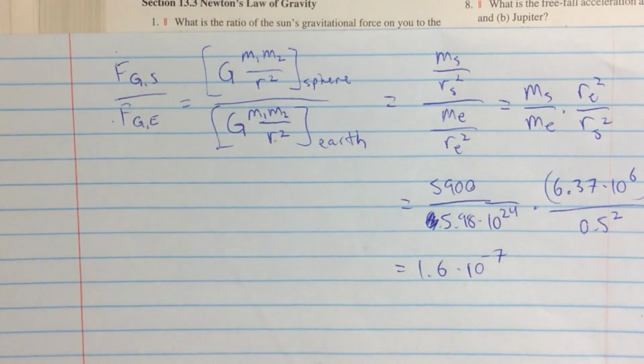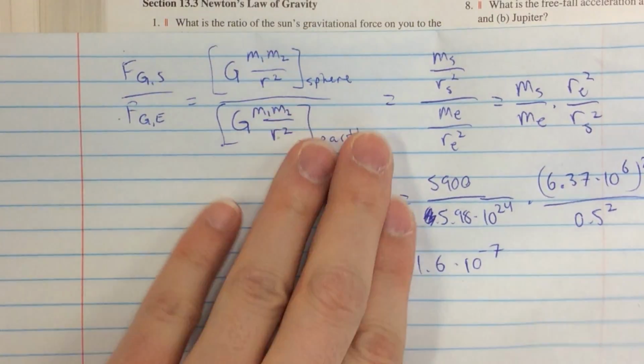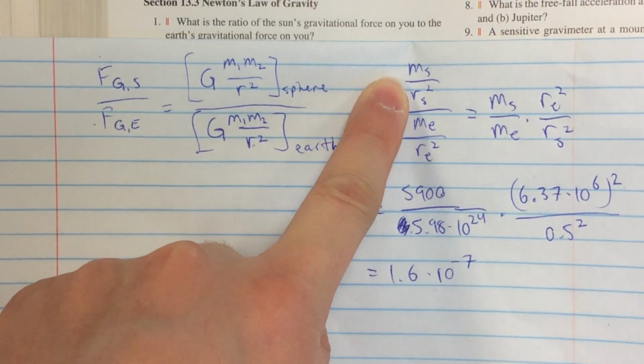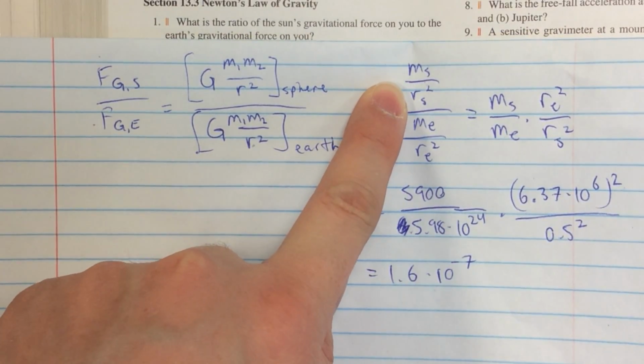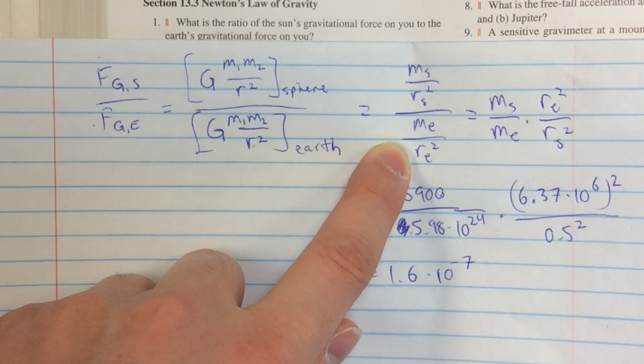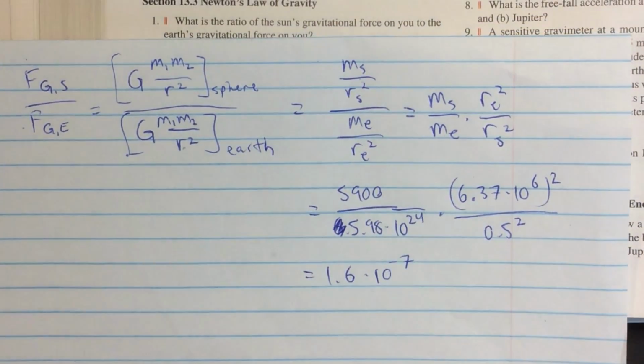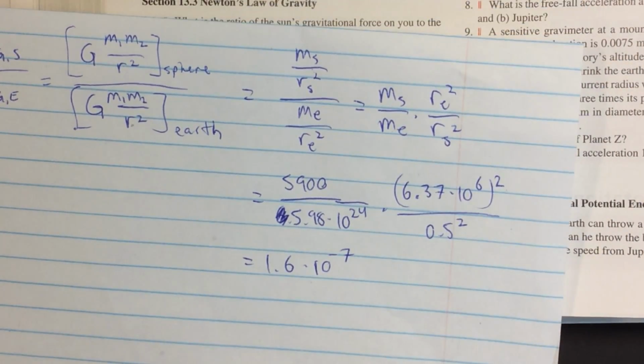It's still the dust, so one of those masses will cancel out. Whatever one represents the mass of the dust will cancel out. So really, you're just looking at the ratio of the mass of the sphere divided by its radius squared, divided by the mass of the Earth by its radius squared, which gives you this. Okay, that's it.